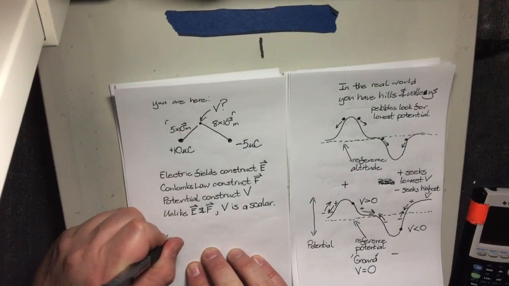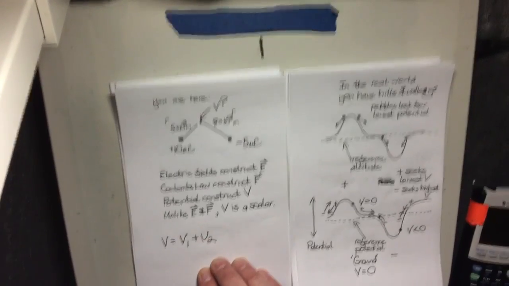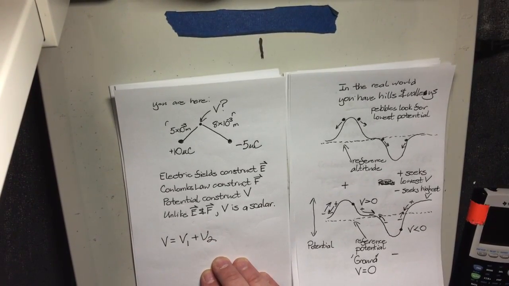The total potential, V1 and V2. You're telling me that all I got to do is just add them up? Yes. Well, that seems too easy, too good to be true. No, honestly, I'm serious about this. All you've got to do is add it up.